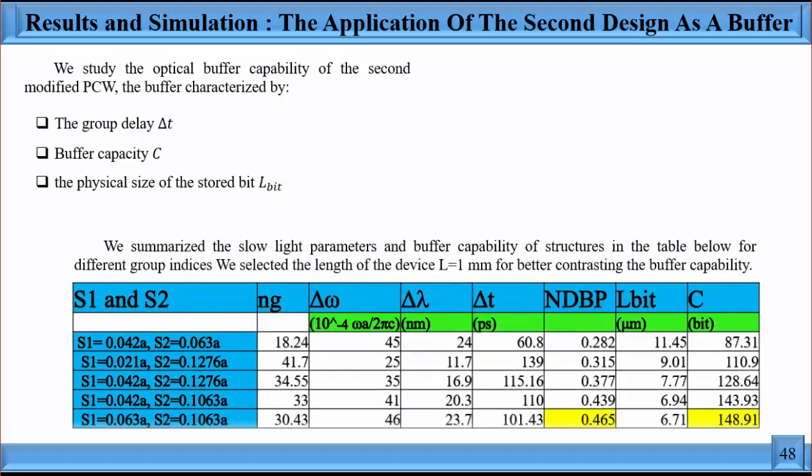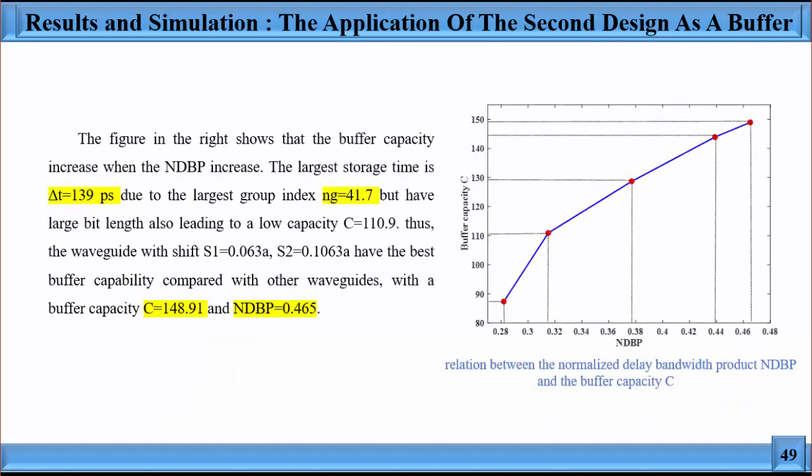We summarized the slow light parameters and buffer capability of the structures in the table below for different group indices. We selected the length of the device L equals 1 mm for better contrasting the buffer capability. Slide 49. The figure on the right shows that the buffer capacity increases when the NDBP increases.